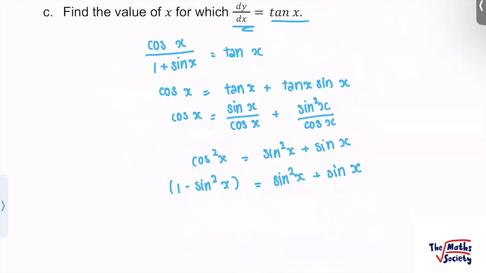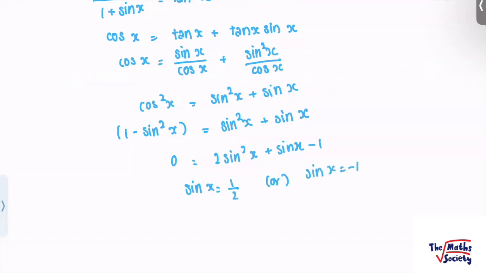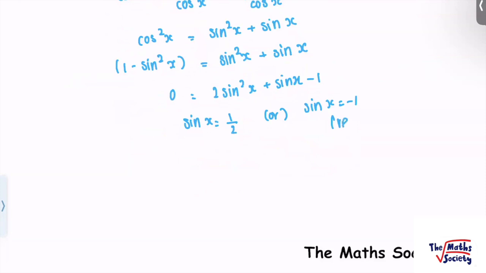To just say dy by dx is equal to tangent x, so when it's 0, you're going to have 2 sine square x plus sine x minus 1. So sine x is going to equal half, or sine x is going to equal minus 1, which we reject.